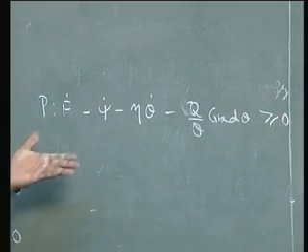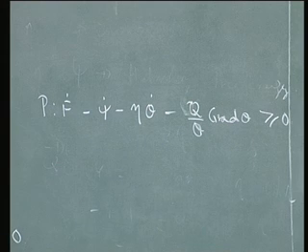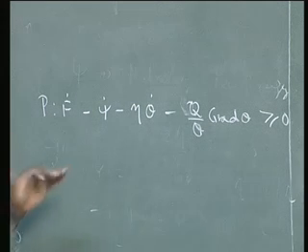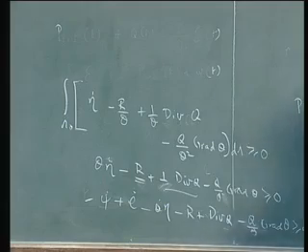So this is the most important form of what is called the Clausius-Duhem inequality.